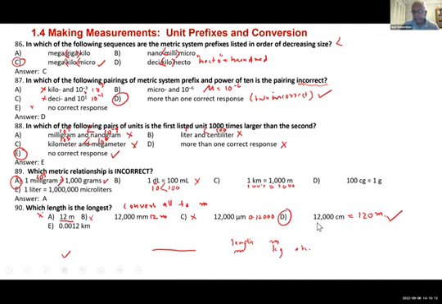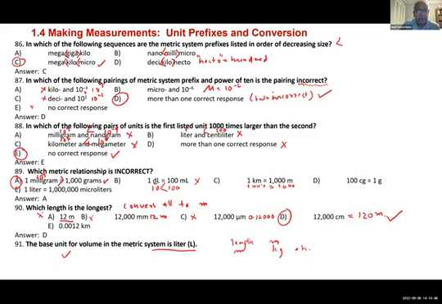This converted by dividing centimeters, 100 divided by 100, 120. So this one is the largest here. The last one is kilometers, 1.2 kilometers, same as 12 meters. Therefore, this one is the one with the 120 meters. D is the correct answer.